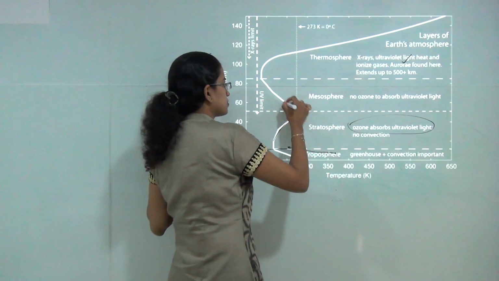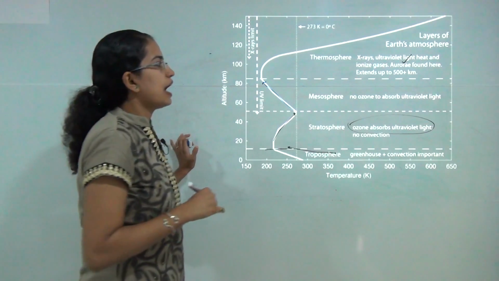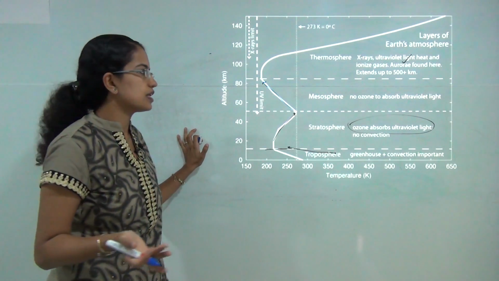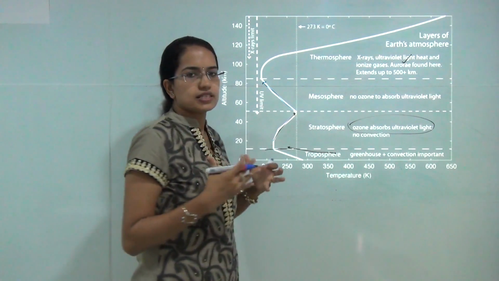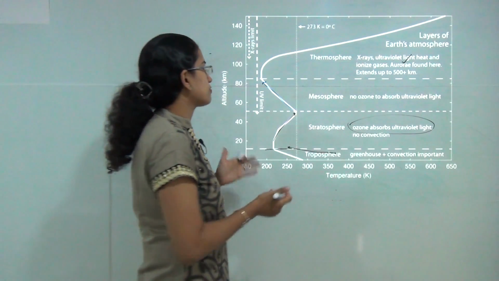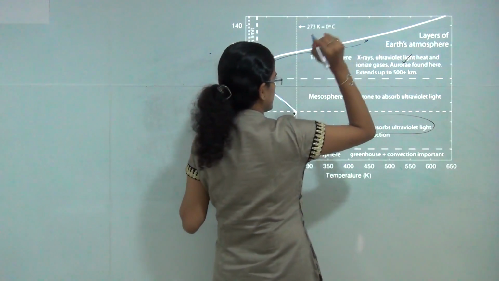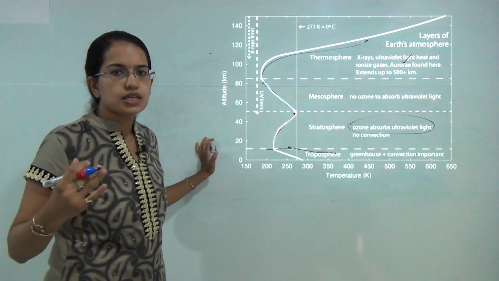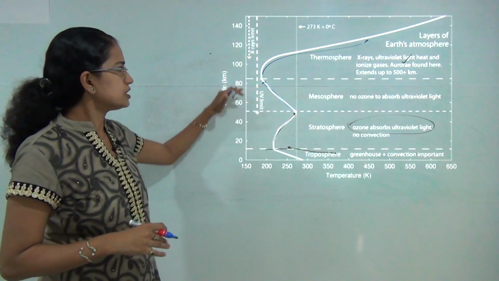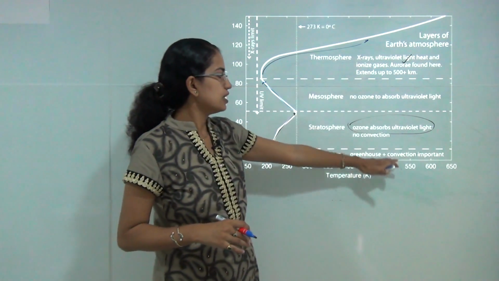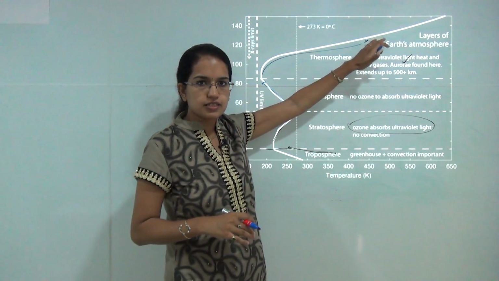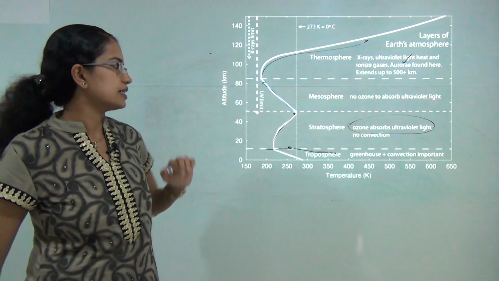So there would be a further decline in the temperature, and finally towards the thermosphere and beyond, there would be ionization of the gas, and that would again lead to a rise of temperature, and this rise of temperature would be steeper. So this is how atmospheric change in temperature takes place when we talk about vertical distribution.